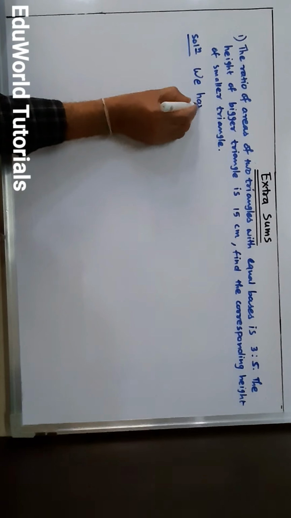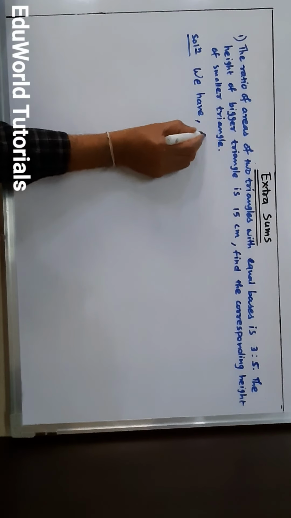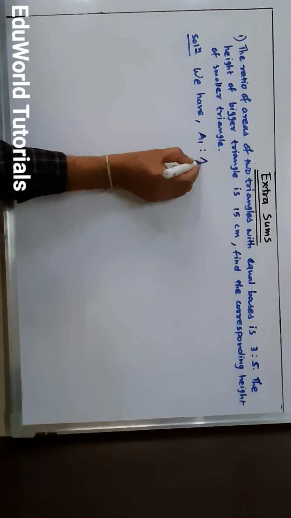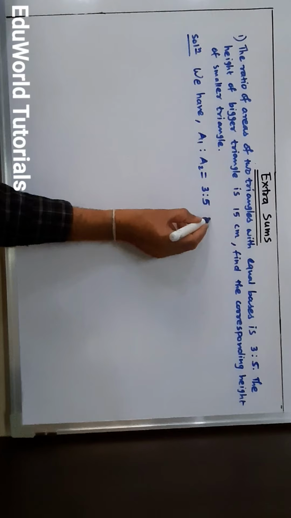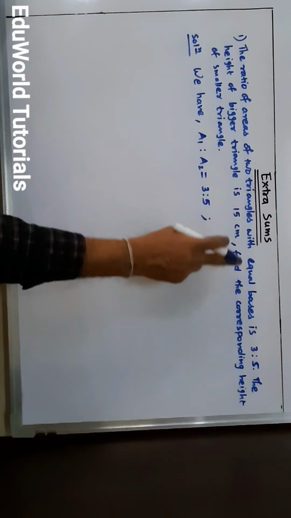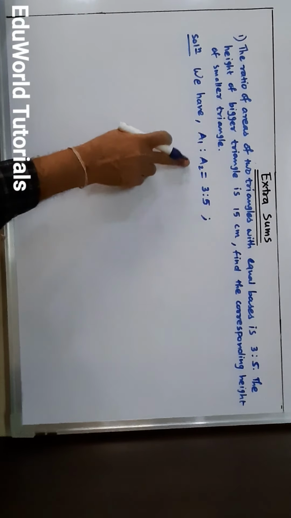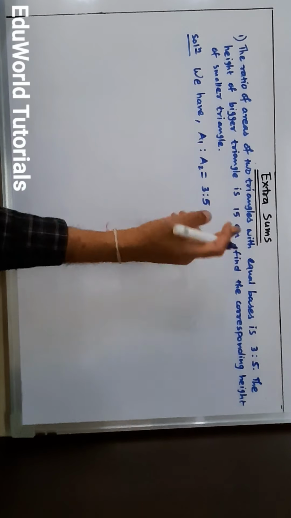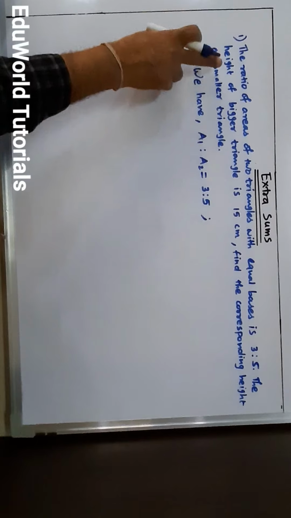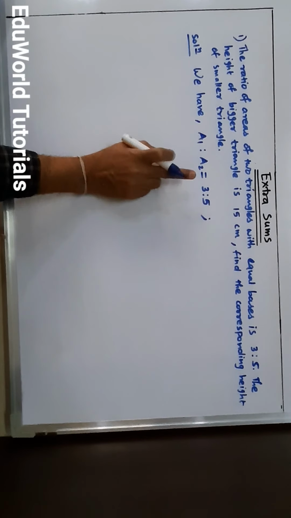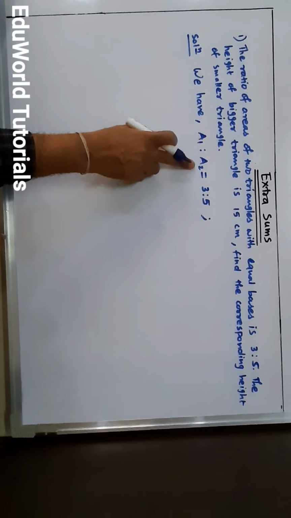What do we have? We have A1 ratio A2 equal to 3:5. Also, the triangles have equal bases, so B1 is equal to B2, which we don't write, it is understood. Heights are given, height of the bigger triangle. Now how will you judge which triangle is bigger? A1 is bigger or A2 is bigger?